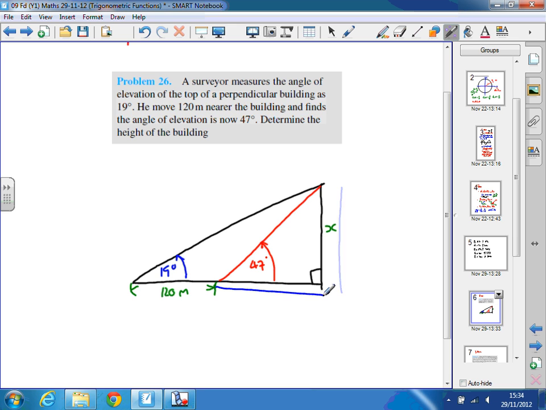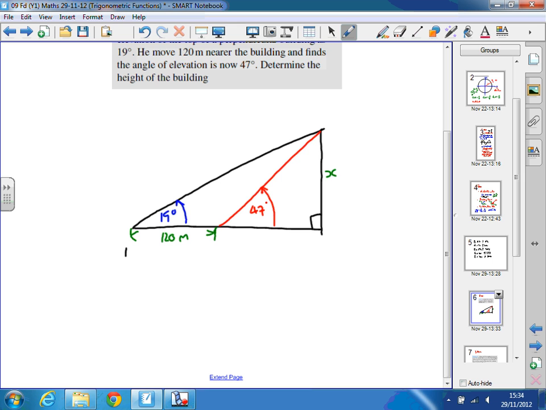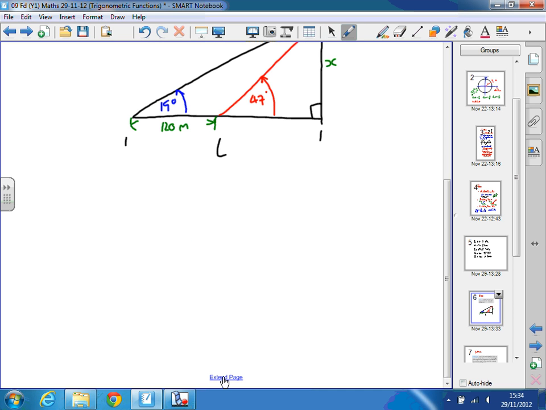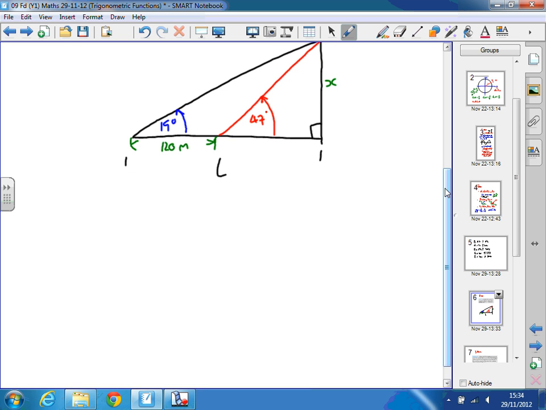Okay, so let's see what we can do. Let's call this distance here L for length, the distance of the base, so it's the total distance from where he starts to the building. So what can we write down? We can write that the tangent of 19 degrees, what's the ratio that's involved here, tangent, good.